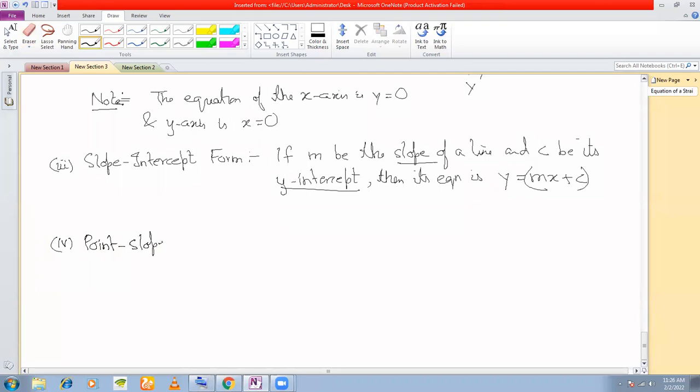Point slope form. If x1 y1 is any point on the straight line, because there can be infinite number of points on the straight line, right?